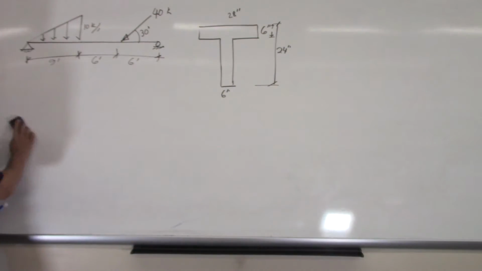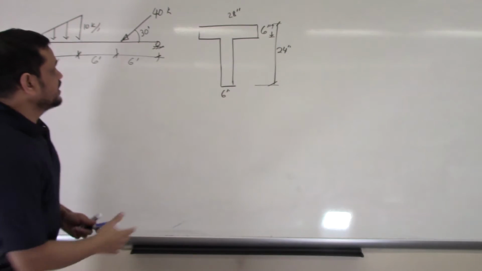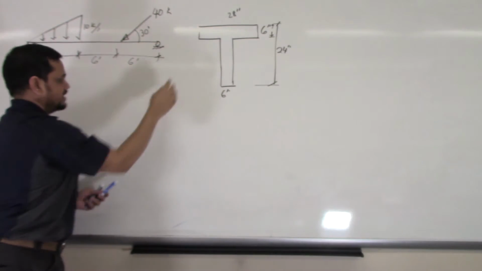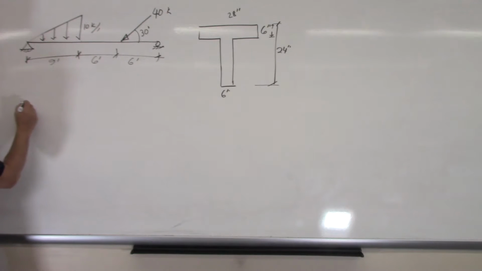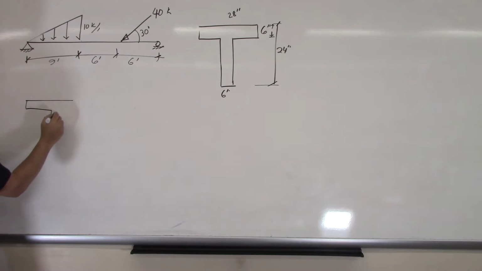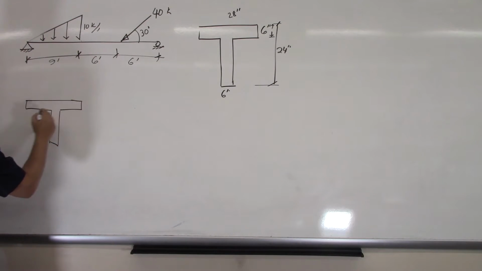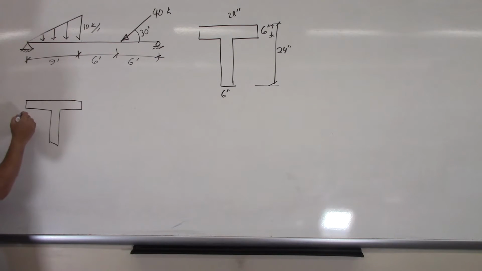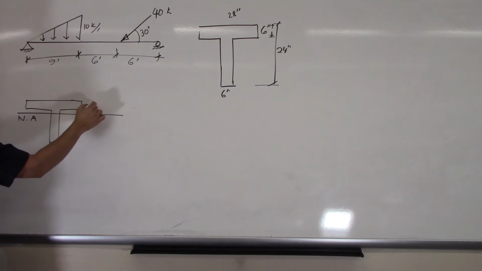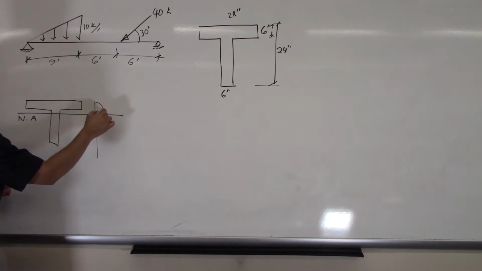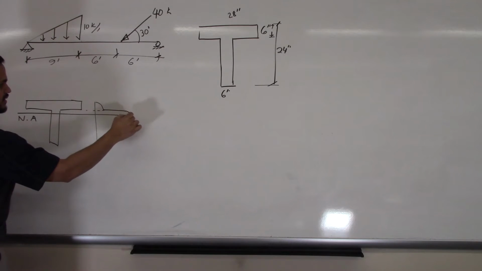Before starting, let us see this section. We know that for this section, the neutral axis is somewhere here, and if I draw the maximum shear stress diagram, it is roughly this.